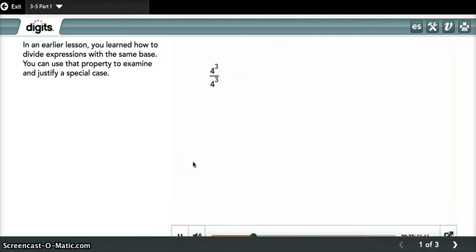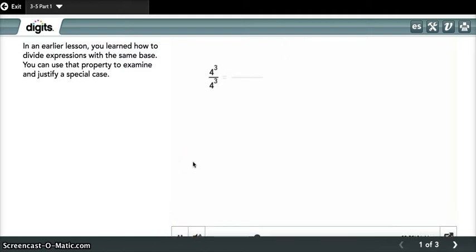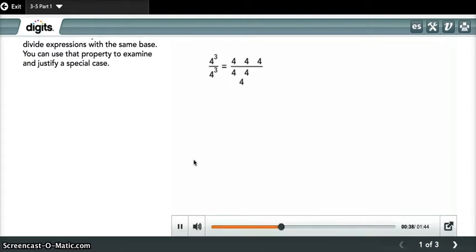Since the numerator and denominator are the same, you can evaluate the expression. 4 cubed equals 4 times 4 times 4, or 64. 64 divided by 64 equals 1.